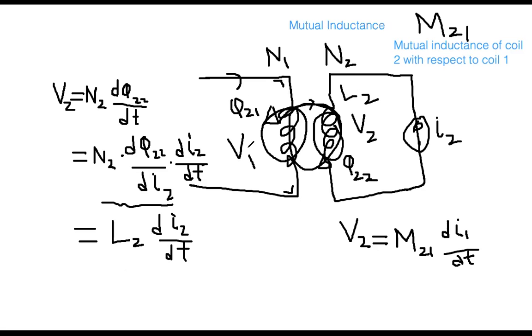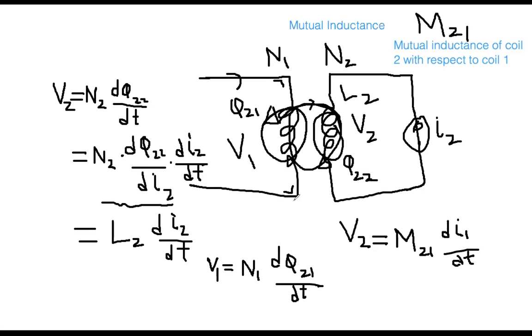Okay, now what will be the equation of this V1? What can you write here? So V1 will be N1 d phi 21 by dt.